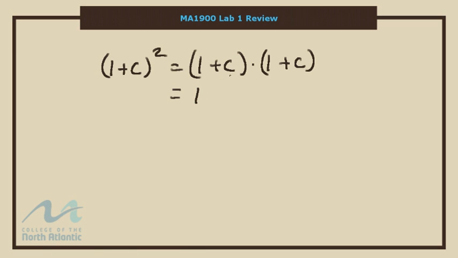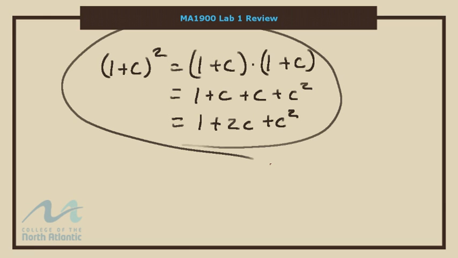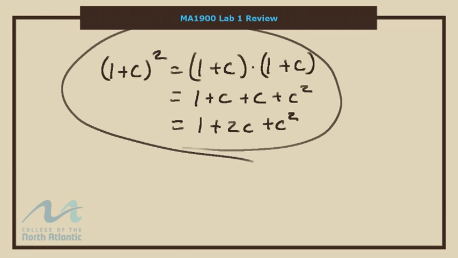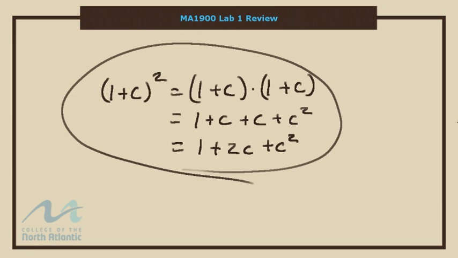I get 1 times c gives me a c. I get this c times 1 gives me a c. This c times c gives me a c squared, which equals 1 plus 2c plus c squared. As you do more and more, you get a little more used to doing that type of stuff. Anyway, that should cover that one quite well.